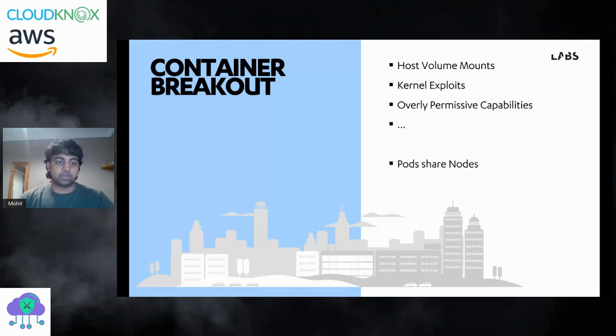There are also kernel exploits like Dirty Cow if it's an out-of-date kernel version, or overly permissive kernel capabilities. So if the privileged flag has been used, you have the ability to load kernel modules. So you can load a kernel module and get onto the host that way.